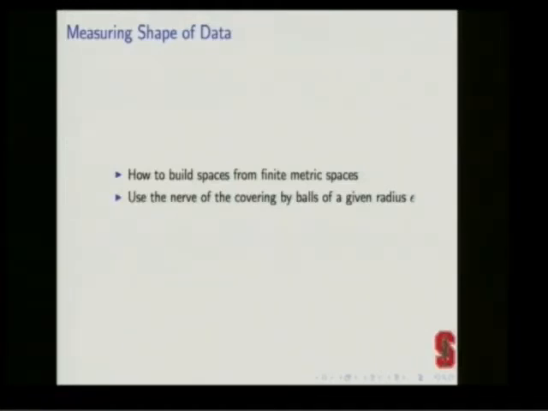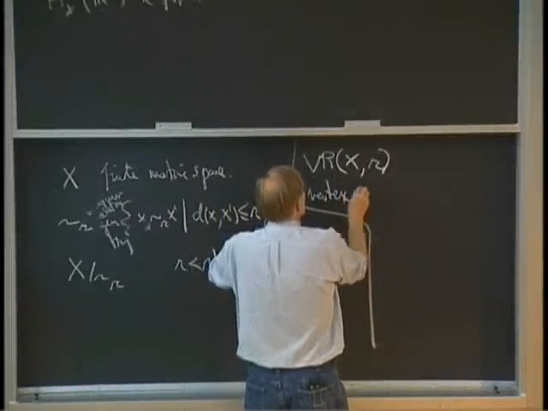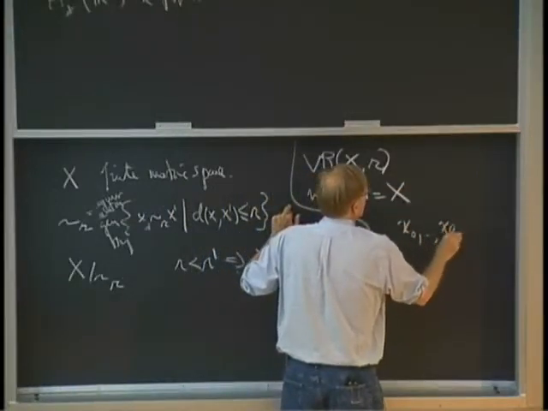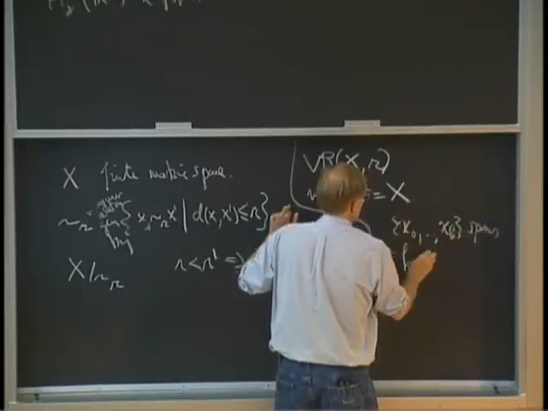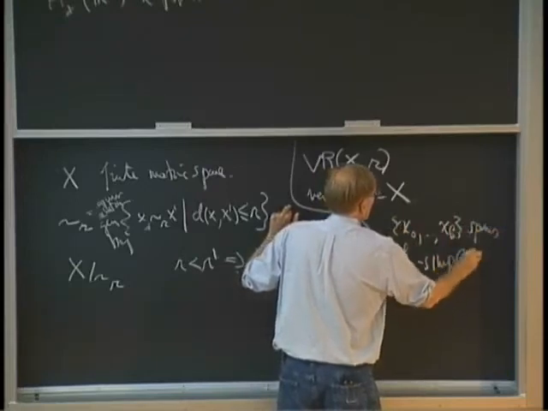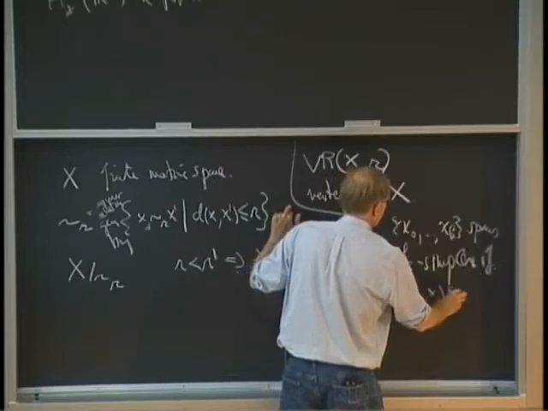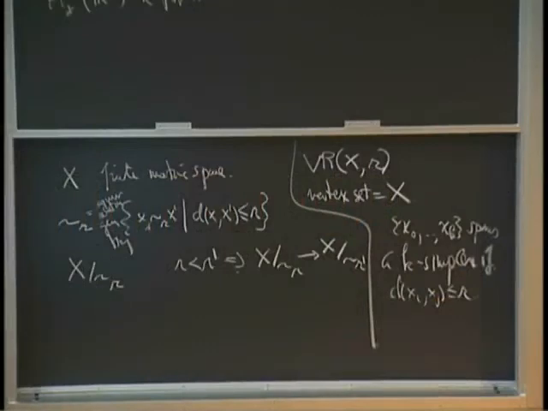Let's notice that if I build something called the Vietoris-Rips complex for a metric space X, the vertex set is X, and X naught through X K spans a K-simplex if the distances are all pairwise less than R. This is a simplicial complex.